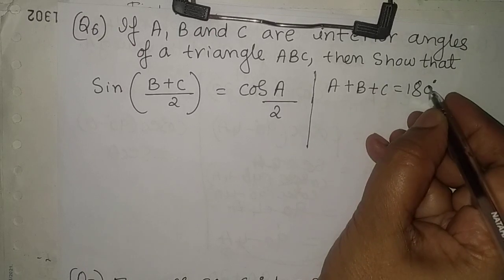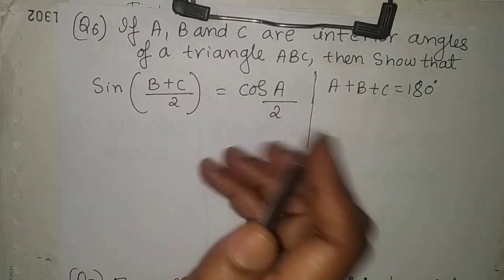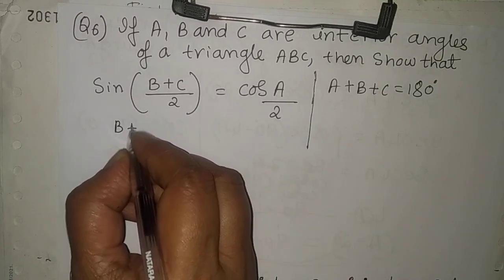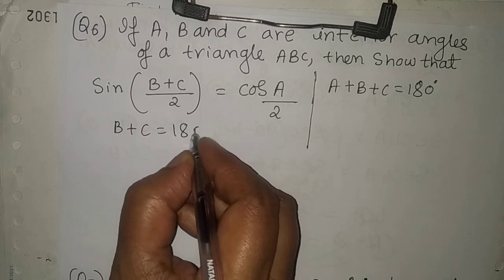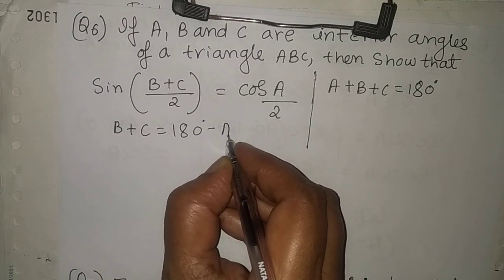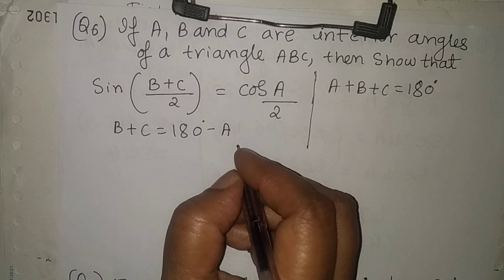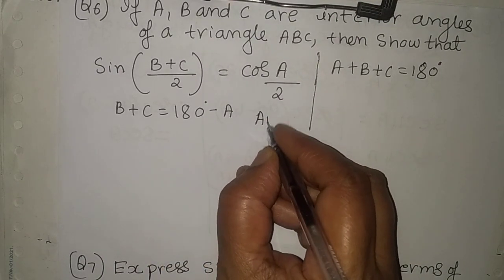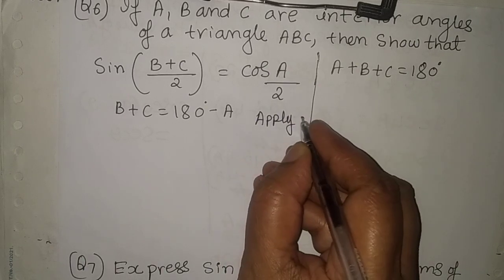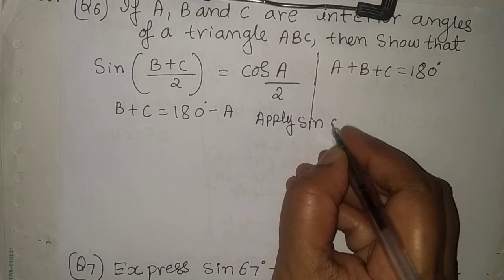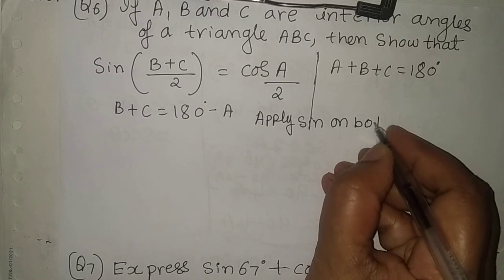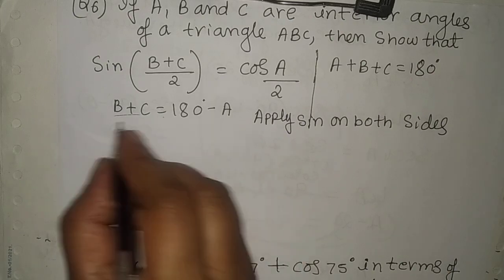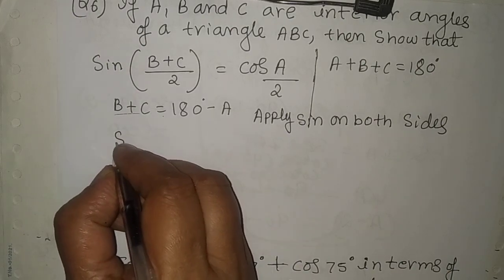Now we have to take this A plus B plus C, so B plus C is equal to 180 minus A. Now we have to apply sine on both sides, on RHS and LHS.